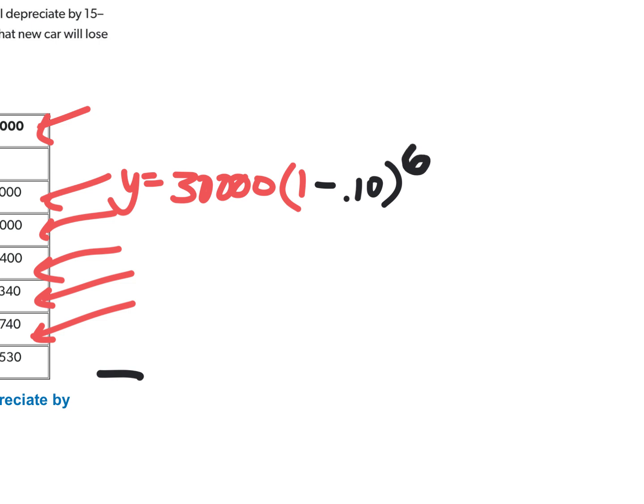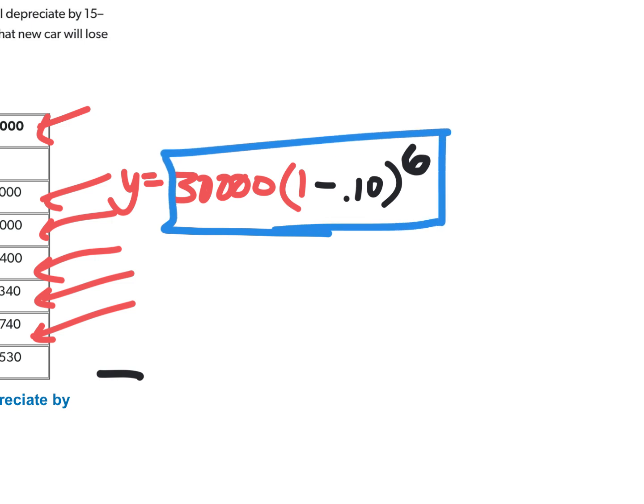So let's go like that. Take a second. That's if a car goes down 10% every year for 6 years, how much will it be worth? And 1 minus 0.1 is the same as 0.9. But I strongly recommend you type it exactly as you see it, because if you put it exactly as you see it, the calculator will do it right.